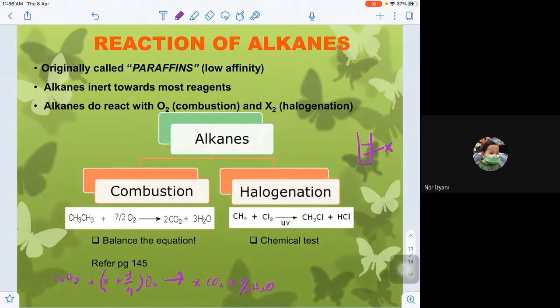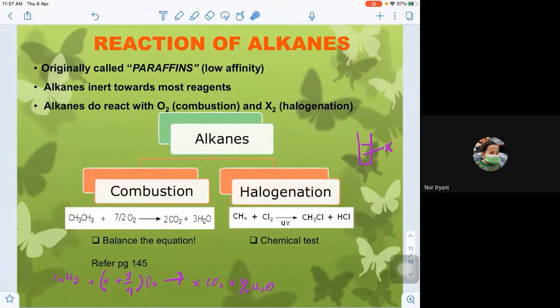If you want to confirm whether X is an alkane or not, you can react this X with the halogen, or it can undergo halogenation reaction to confirm whether this is an alkane or not. That is the meaning of a chemical test: the reaction that we use to identify or to confirm a specific compound, a specific class of compound.